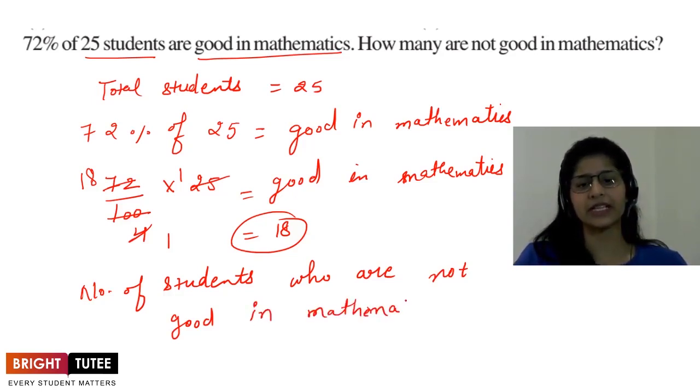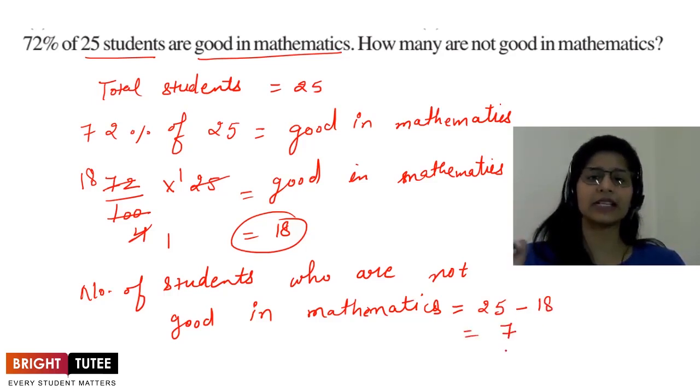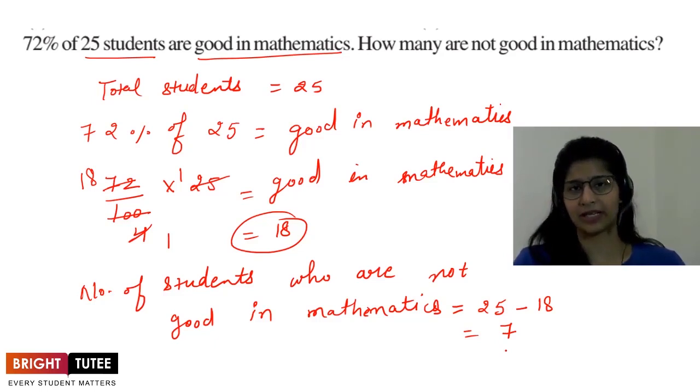If they ask us percentage, we can tell that also. If they ask the number of students, we can tell that also. So 25, we are subtracting 18 who are good in mathematics. So we get 7. There are 7 students who are not good in mathematics.